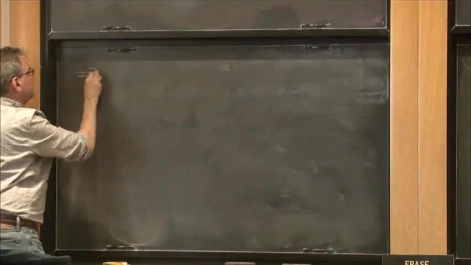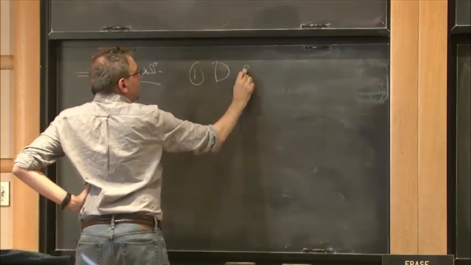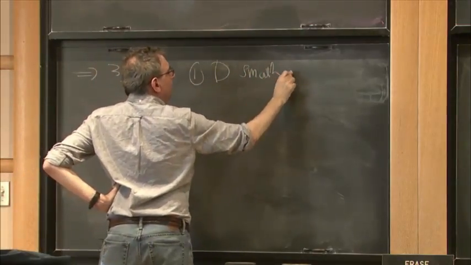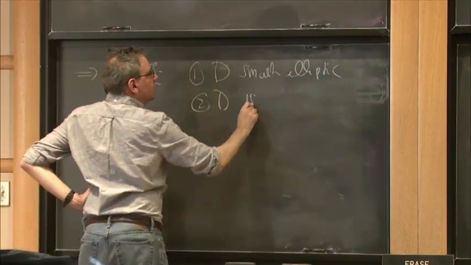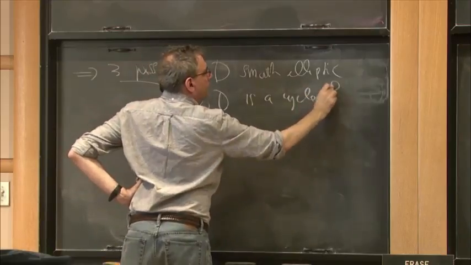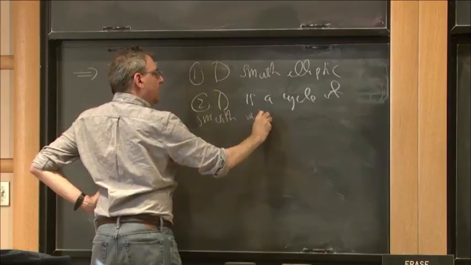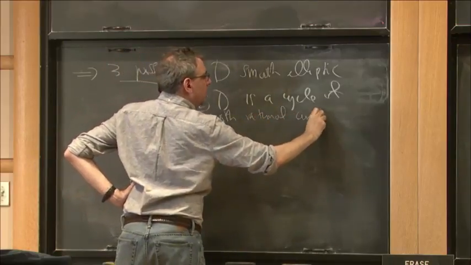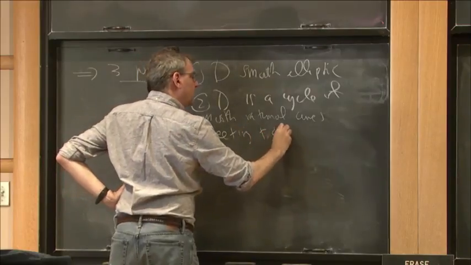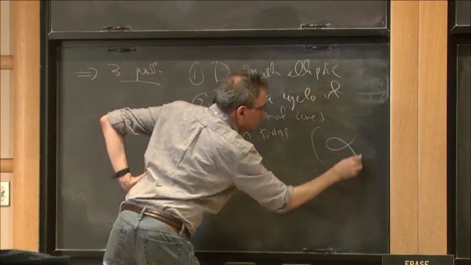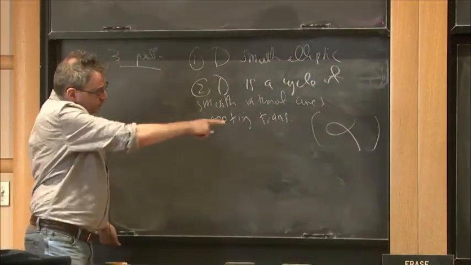And then there are only three possibilities. First of all, D is a smooth elliptic curve. Secondly, D is a cycle of smooth rational curves meeting transversely, with the possibility that the cycle has length 1, and then it's nodal.